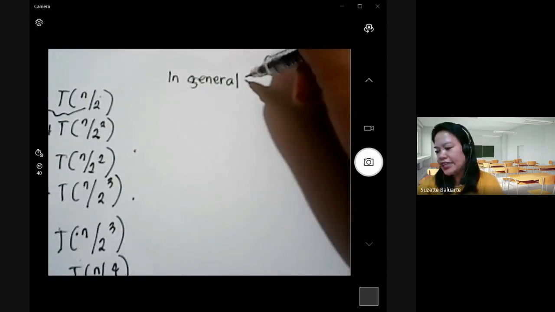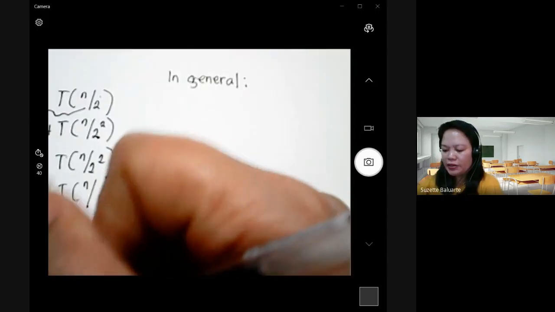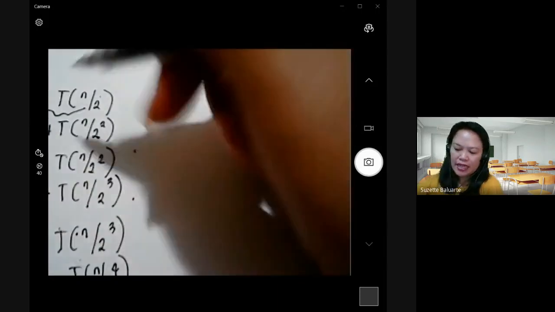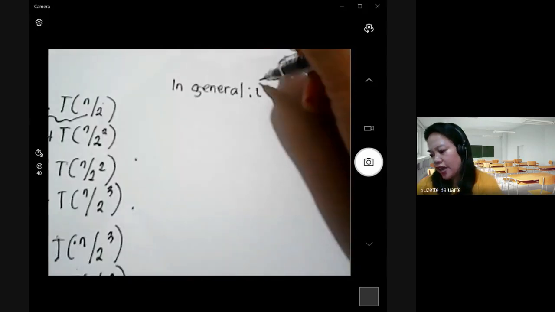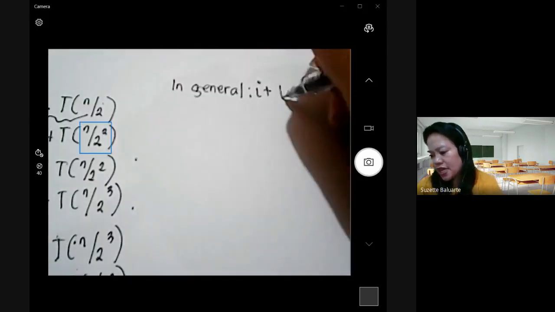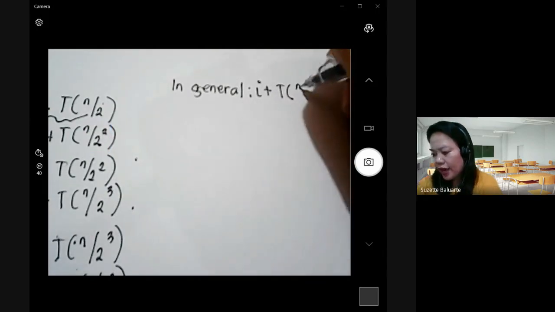So in that case, you'll say in general, you can replace it with a variable. So you will say I plus T of n over 2 to the I.